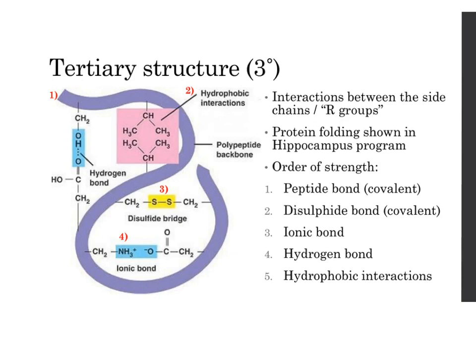Ionic bonds between a positive amino acid and a negative amino acid R group will bring that part of the chain closer together. And hydrogen bonds between a hydrogen and oxygen or hydrogen and nitrogen of your amino acid will again pull that chain close together. So it's the way it's folded together which gives it its function as well.